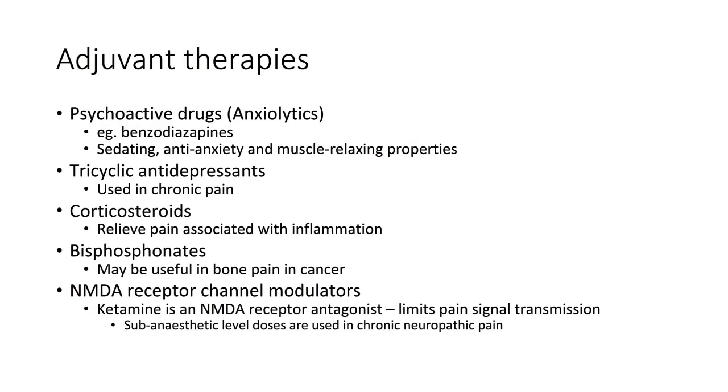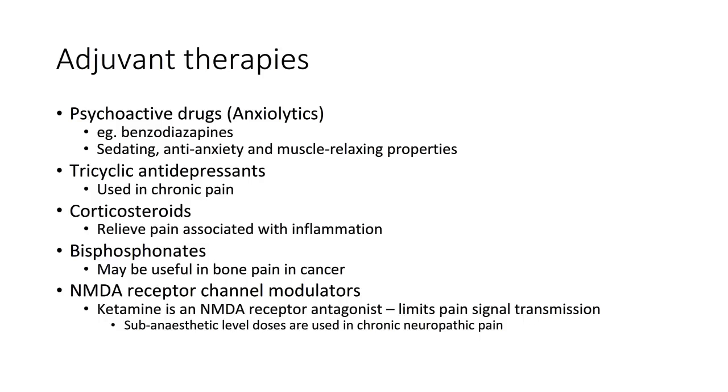We know that in chronic pain, a number of adjuvant therapies are very helpful. One that's fairly obvious is the biphosphonates for patients with bone metastases and therefore bone pain. In that biphosphonates are chemicals that help stabilize bone by becoming incorporated into the bone matrix.